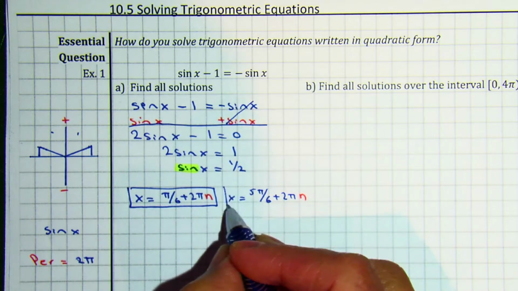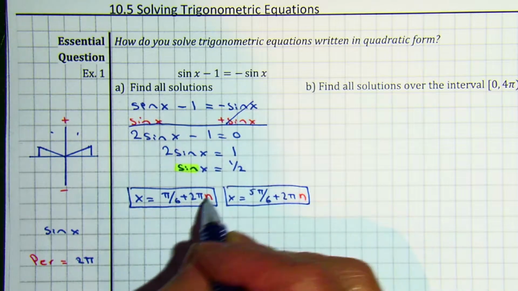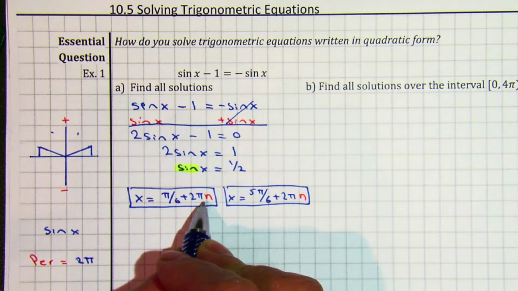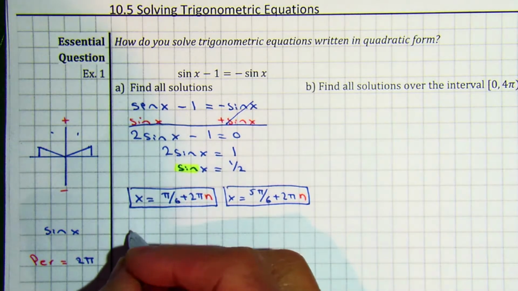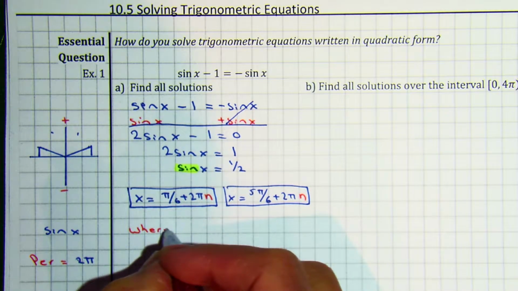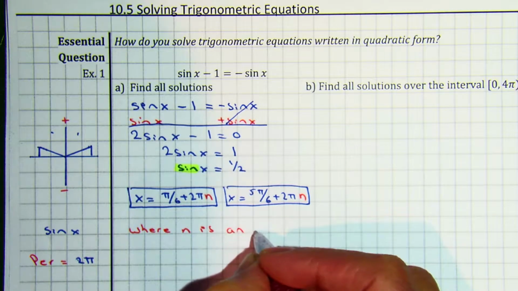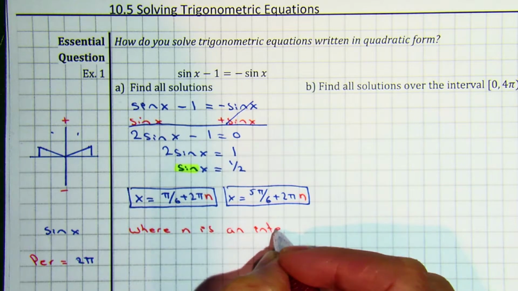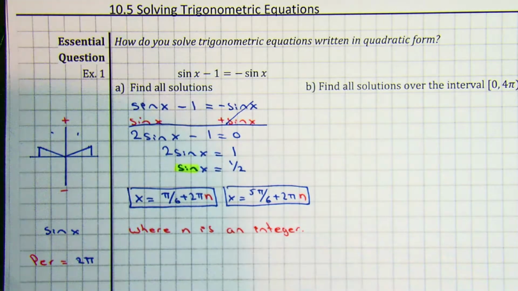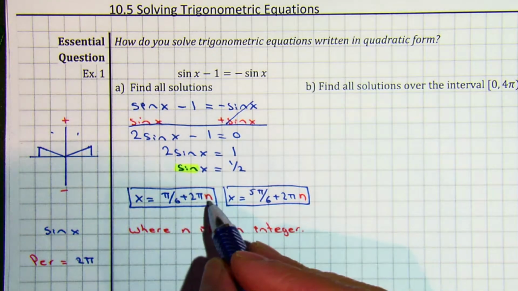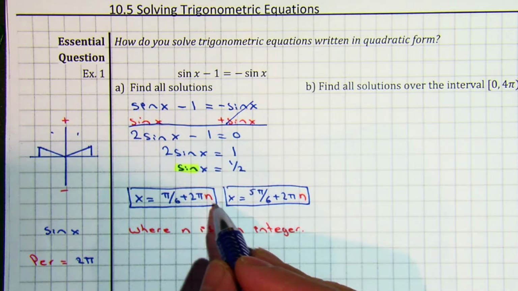So this solution is going to repeat every 2 pi. So where n is an integer, if we want to be able to find the solutions, I can plug in a 0, a 1, a 2, a -1, -2.